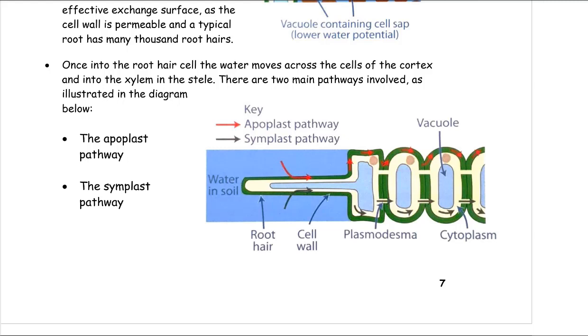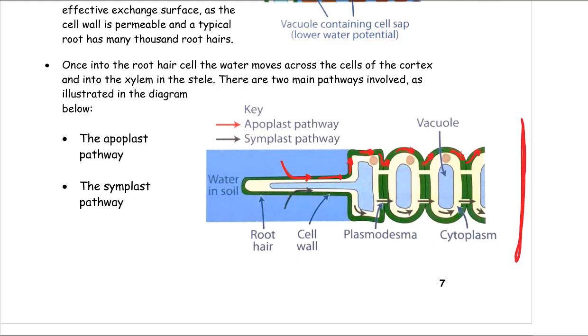Now, the apoplast pathway is the one shown in red here, where water moves from the soil, and what you'll notice about it is that it actually travels through the cell walls. It will keep going until it reaches this blockade, which we'll talk about later on.